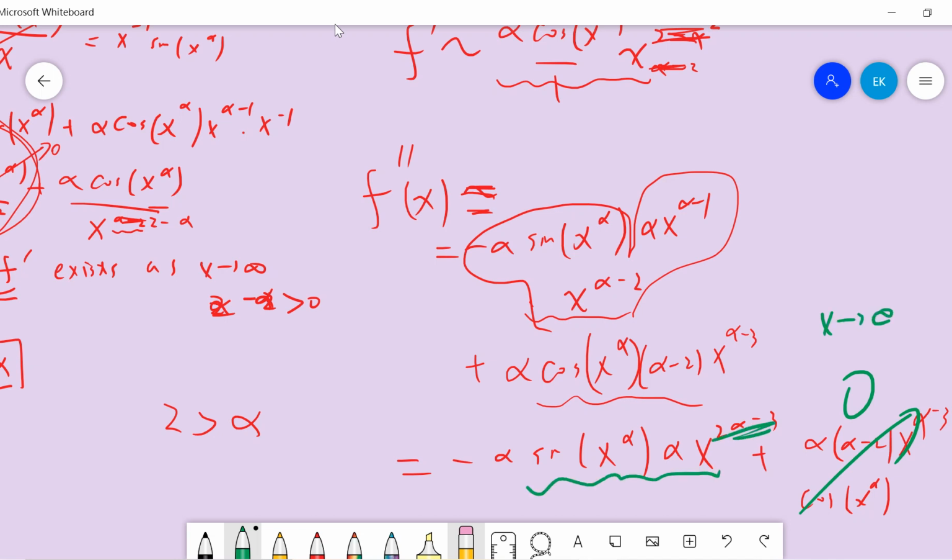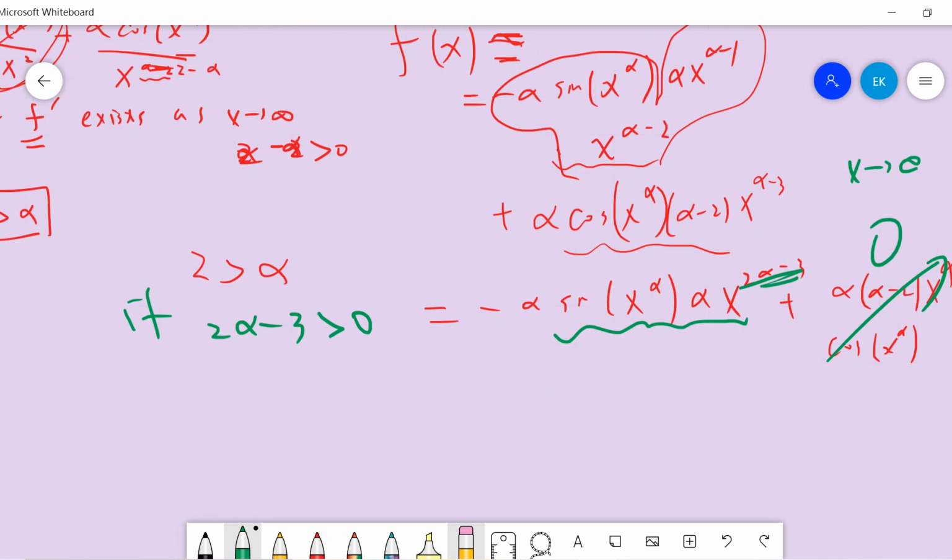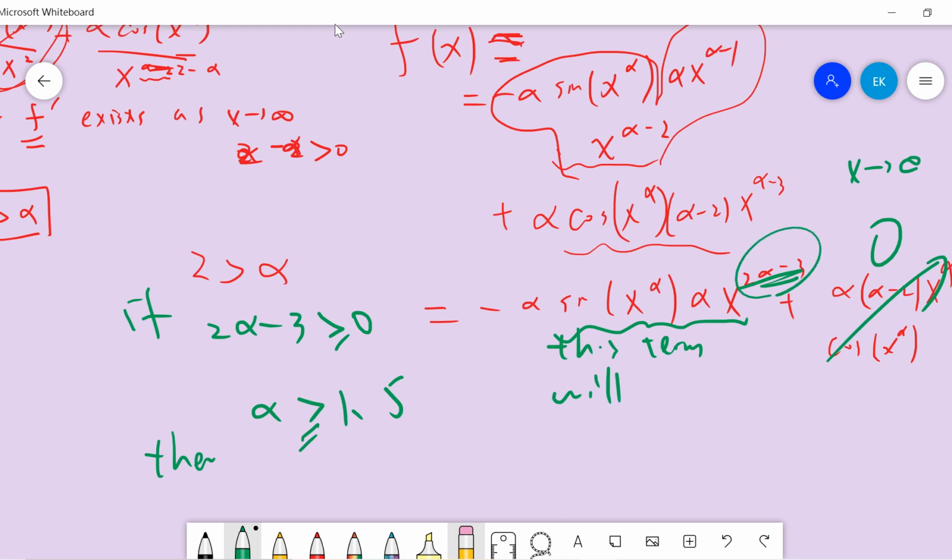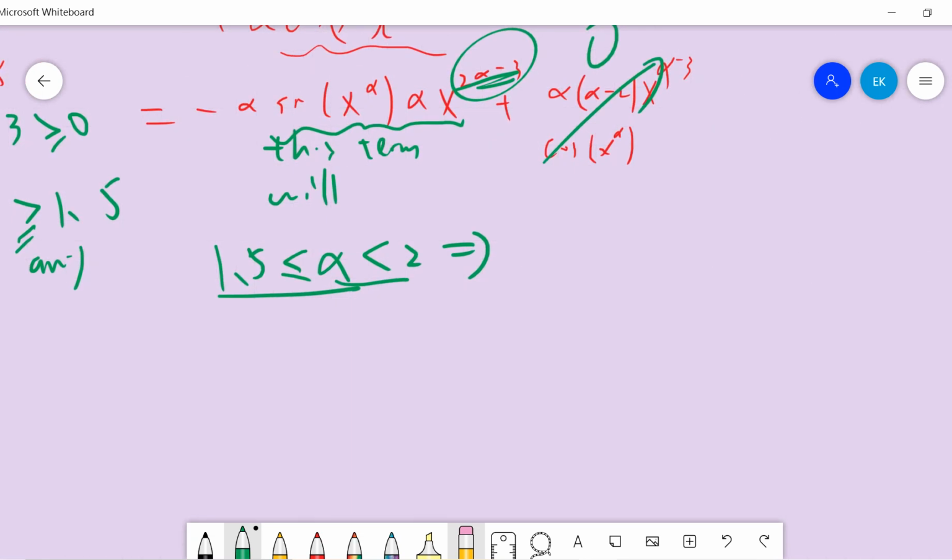But for this term, if 2 alpha minus 3 is larger than 0, that means alpha is larger than 1.5, then this term will oscillate since the x power is positive. So any alpha greater than or equal to 1.5 and less than 2 will give a counterexample.